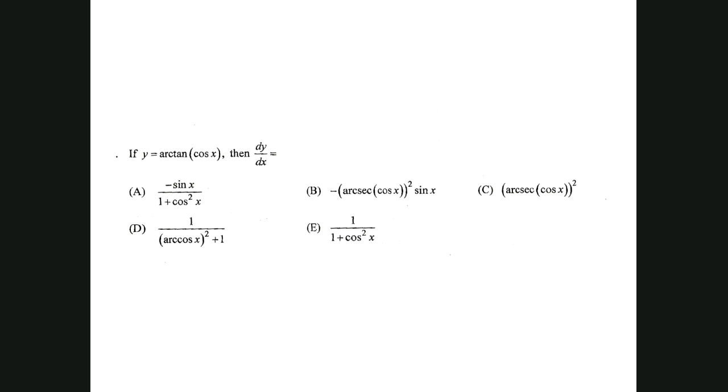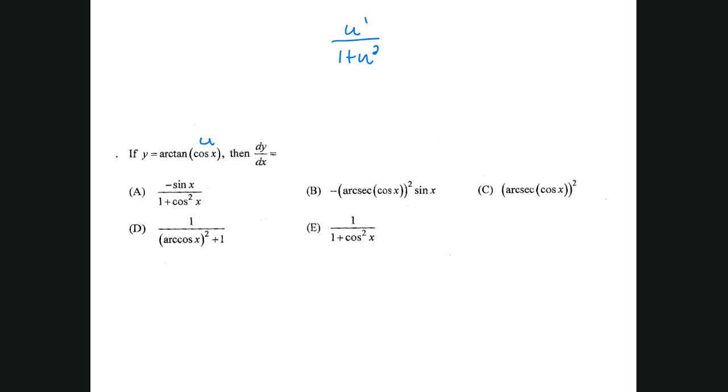Okay, in this one, I have the arc tangent of cosine of x. Well, in this problem, this is my u. The derivative of arc tangent is u prime over 1 plus u squared.